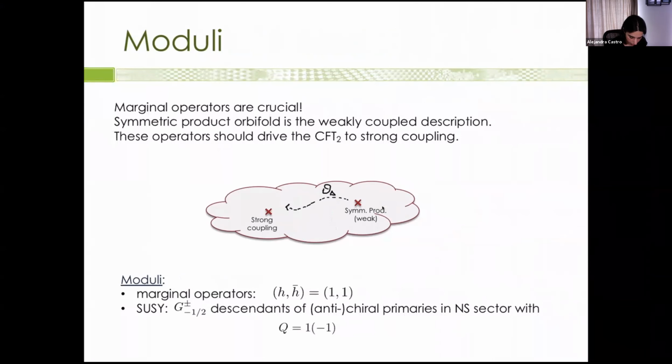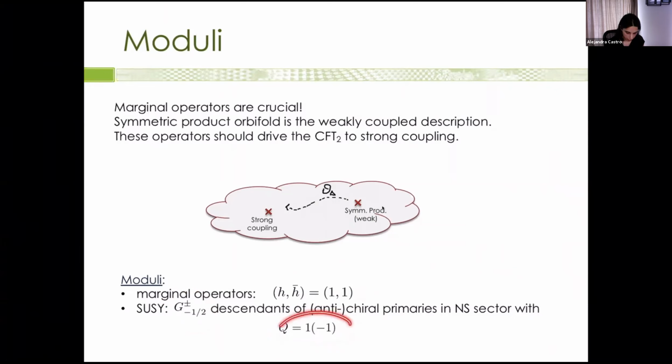So we had in mind that here we had the symmetric product, that's a weakly coupled point, and that we were adding this marginal deformation to try to go to this strongly coupled point. From that point of view, a marginal operator has these conformal dimensions, and the ones that are supersymmetric, we're basically thinking of them as this fermionic generator acting on a chiral primary with charge Q equal to plus or minus 1.